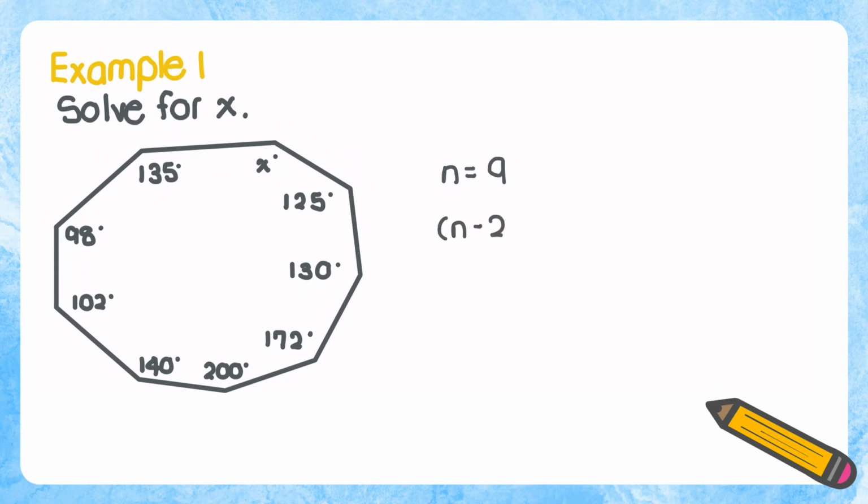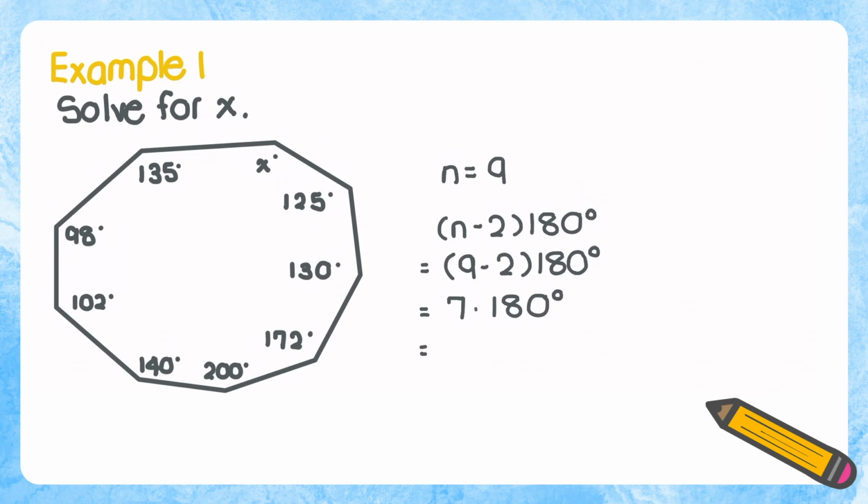And we can find the sum of interior angles by solving n minus 2 times 180 degrees, which in this case is 9 minus 2 times 180 degrees. And 9 minus 2 is 7, so we're simplifying step by step. And that equals 1,260 degrees. So by using the polygon sum theorem, we were able to find out that the sum of the interior angles of a nonagon is 1,260 degrees.